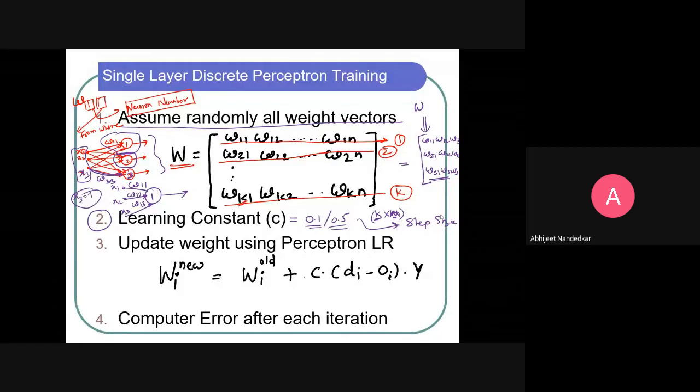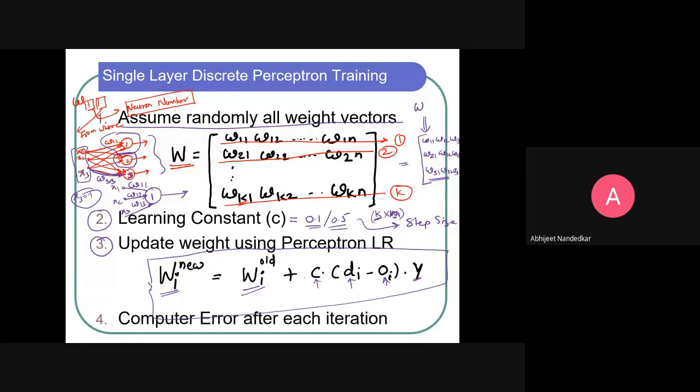Now the third step, you update the weights using the perceptron learning rule. I hope everybody now remembers this simple rule. The change in weight is added to the old weight, and it gives you the new weight. Here C is the learning constant, D is the desired response, O is the output, and Y is the input.